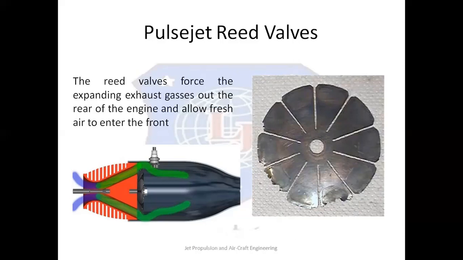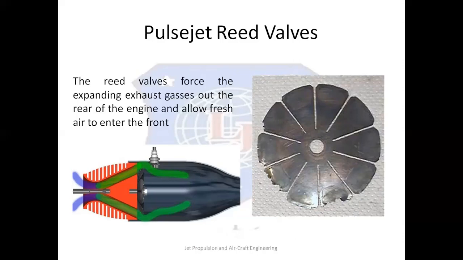Now, due to the escape of gases to the atmosphere, the pressure reduces inside the combustion chamber, and therefore the ram air forces the reed valve to open, and fresh air enters the combustion chamber for the next cycle.